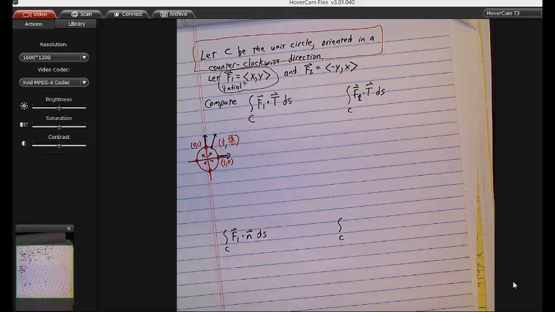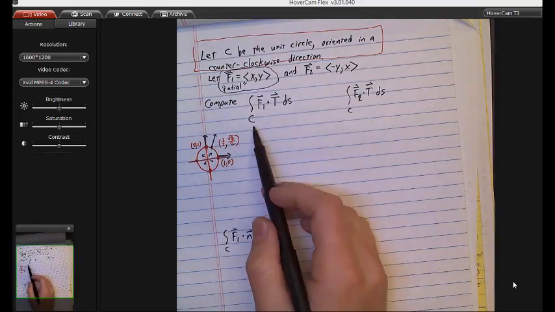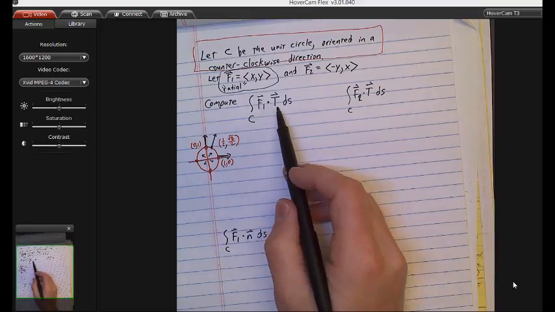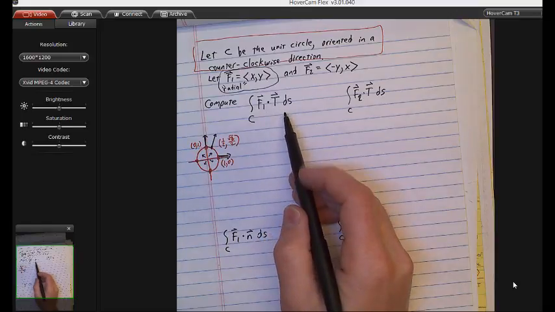If these are forces, let's say, and we're talking about work done, we're imagining anti-gravity, right? Instead of pulling in, we're pushing out. And the farther you are away, the stronger it gets. That's the total opposite of gravity, right? Okay. So I guess the question is, what does this f1 dot t ds equal?